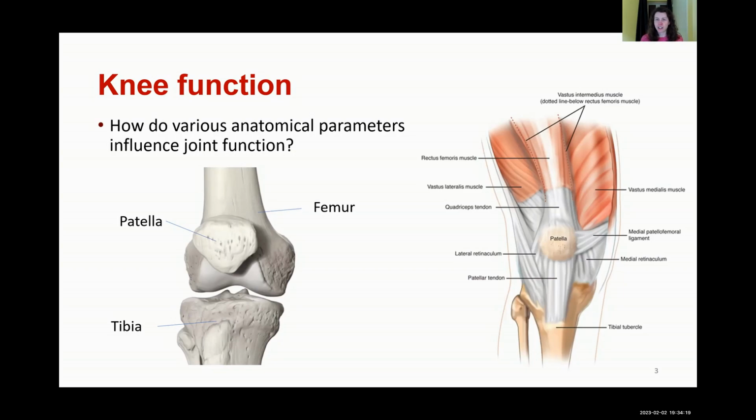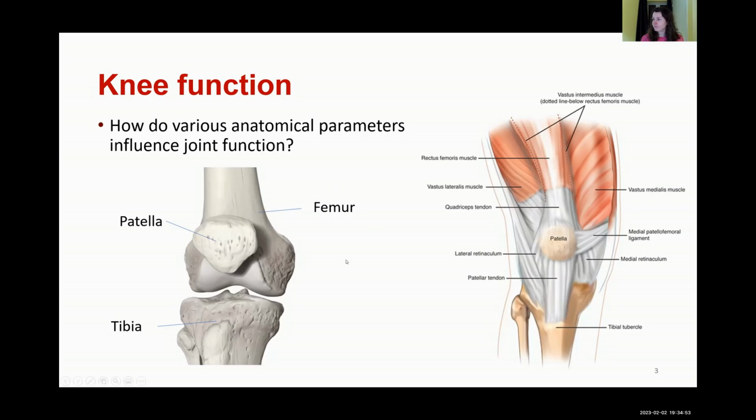So just better understanding how it works and how different anatomical parameters affect how it works, because things like the shape of the joint or where ligaments are attached or the properties of ligaments or what sort of muscle control strategies you're using or all these kinds of different things all influence how the joint works. And they all vary quite a bit from person to person. So it's important to understand how those influence how the joint works.